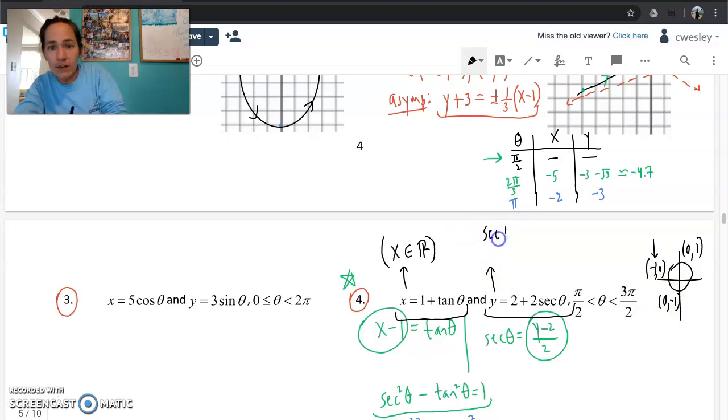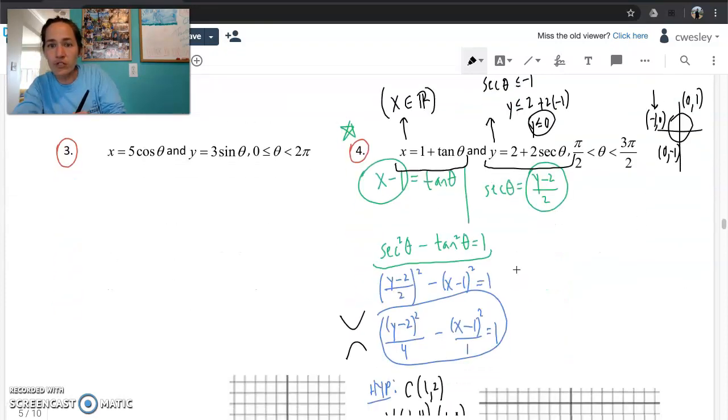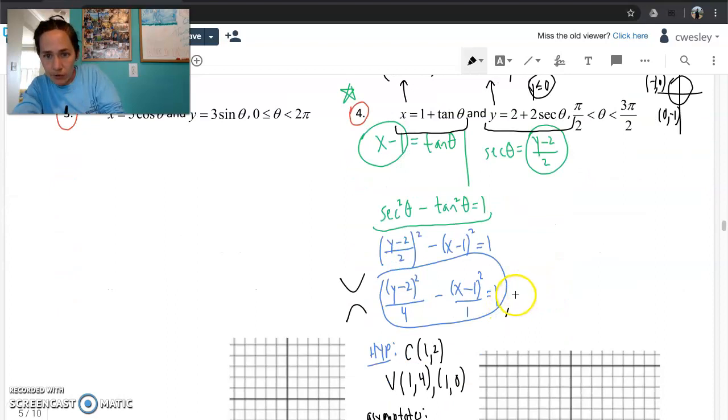So secant of theta is going to stay less than or equal to -1, just like in the last problem, number 2 from the other page, which means y is going to stay less than or equal to, we'll say, 2 plus 2 times -1. So 2 minus 2, y needs to stay less than or equal to 0 here. We will put that domain restriction on our rectangular equation. So y is less than or equal to 0.